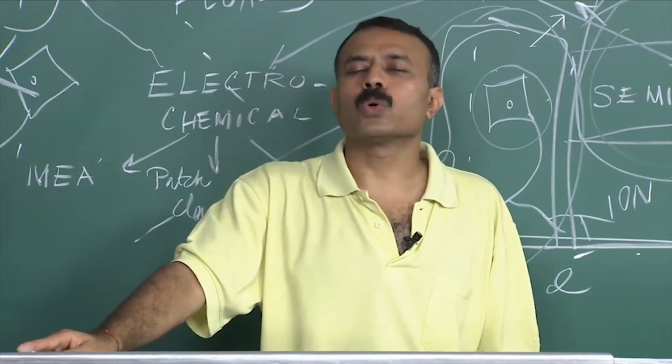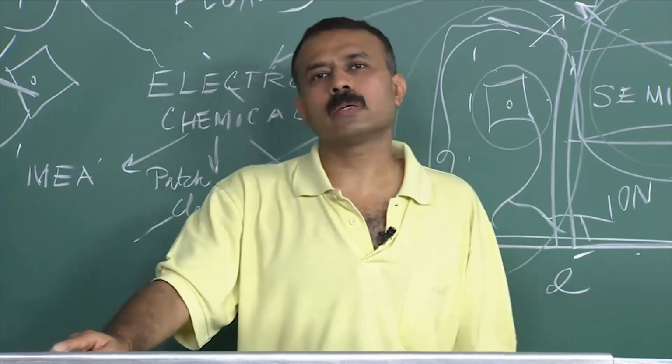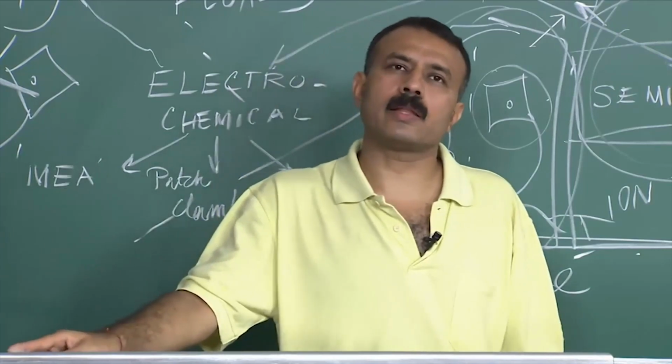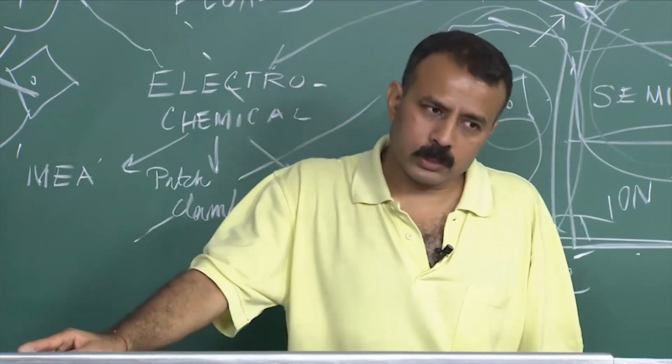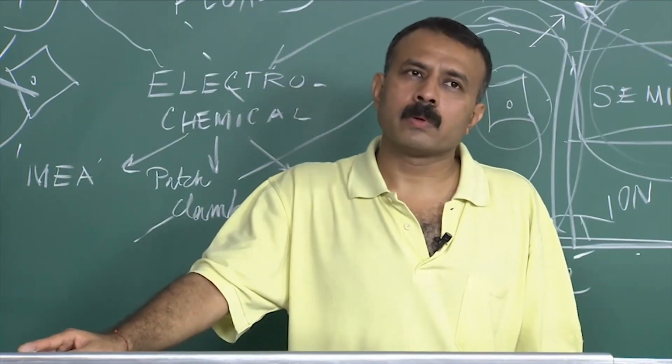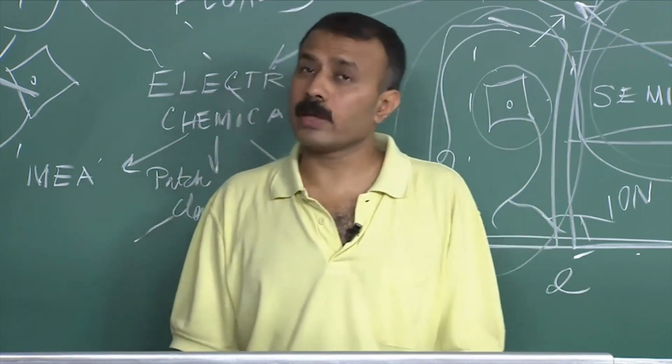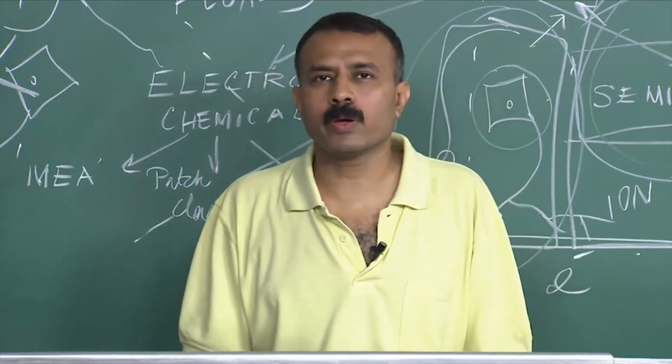But it is interesting to note that semiconductor behavior was observed much earlier than that. It was initially observed by Michael Faraday while working with some of the sulfide molecules, but he really could not explain this nonlinear behavior.